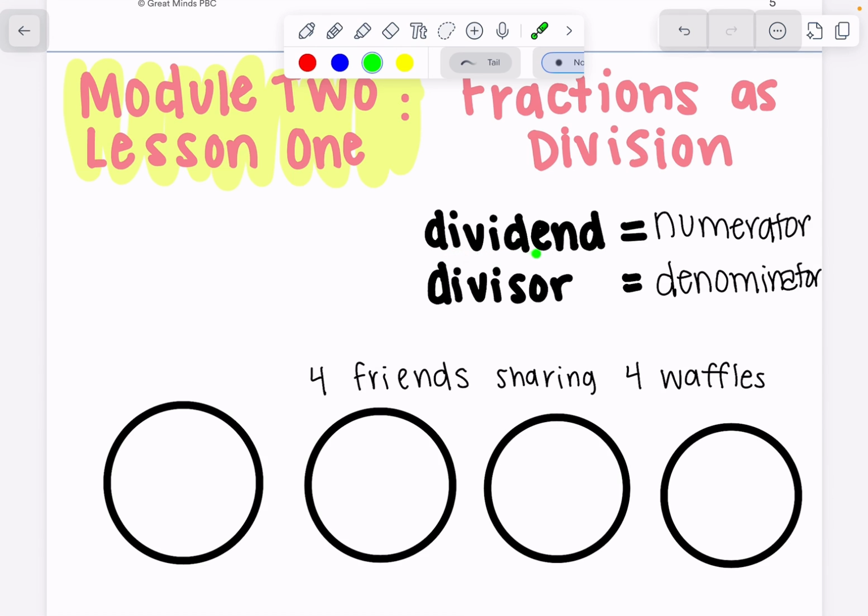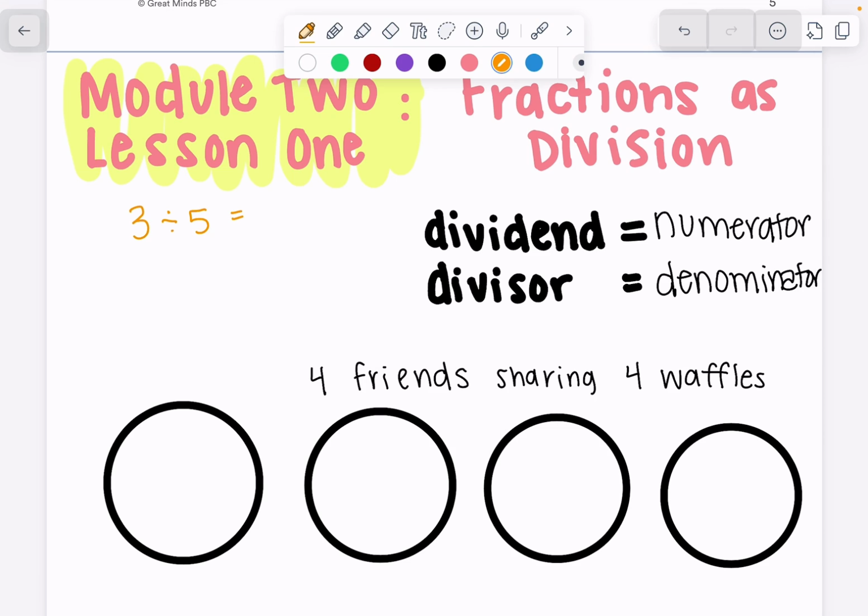So whenever you see a dividend, that could also factor as your numerator. The number that's the divisor in the division sentence could also be considered the denominator. So whenever you see a division statement, let's say 3 divided by 5, okay? Now, normally you're used to seeing the dividend, your first number, being the bigger number.